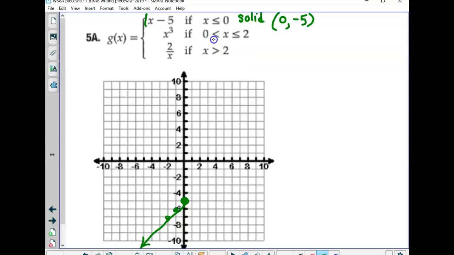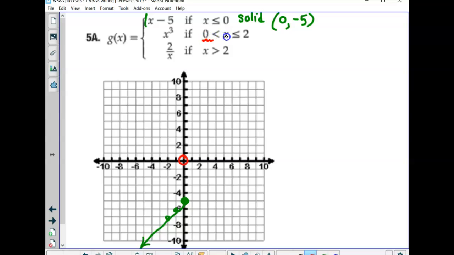Okay, then we switch over, and I'm going to switch colors just so you're clear on where this is coming from. But at 0, if I put a 0 in here, I get out 0. So at 0, 0, I have to put what? An open circle. Please don't leave that off and start at 1, okay? It goes right up to 0, 0.